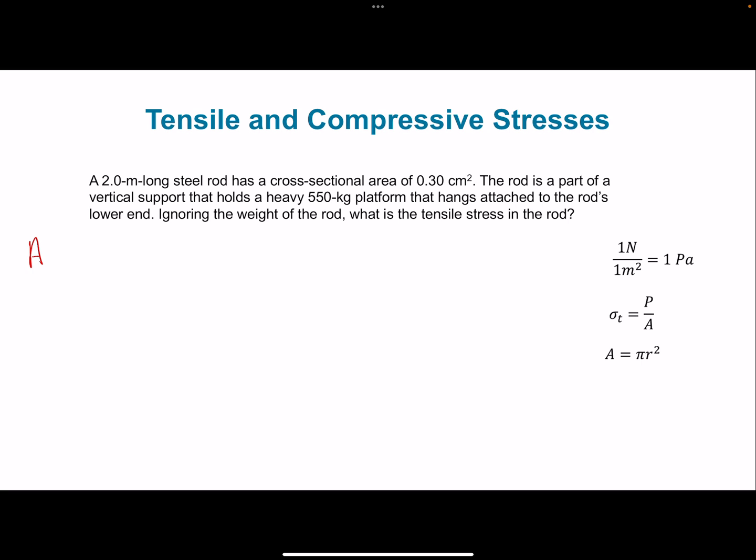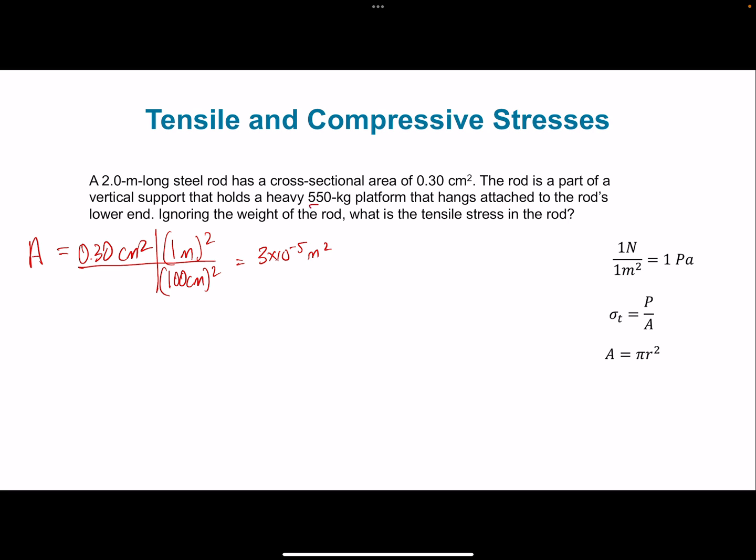So area equals 0.30 centimeters squared. And to convert that, there's 100 centimeters in 1 meter. So there's 100 square centimeters in 1 meter squared. So that's 0.3 divided by 100 squared, which comes out to be 3 times 10 to the minus 5th meters squared.